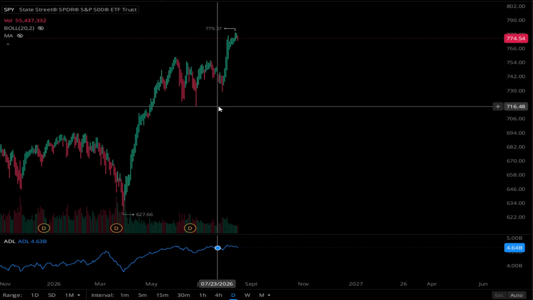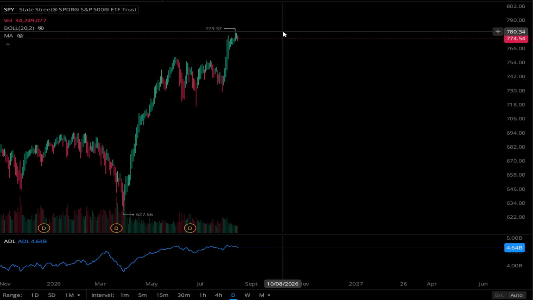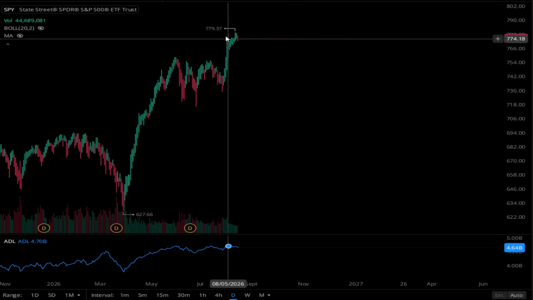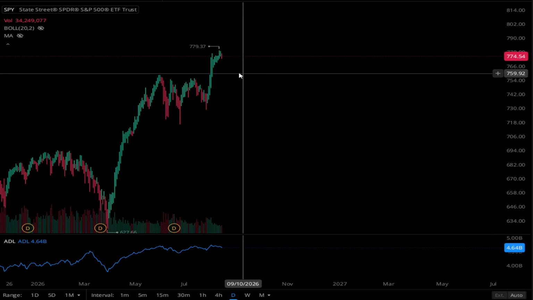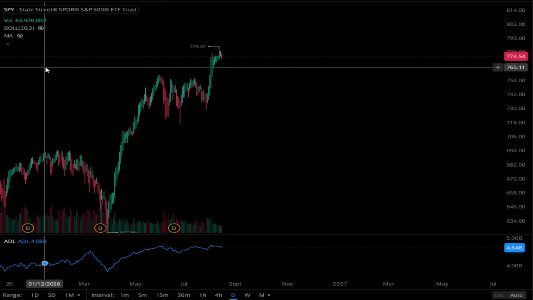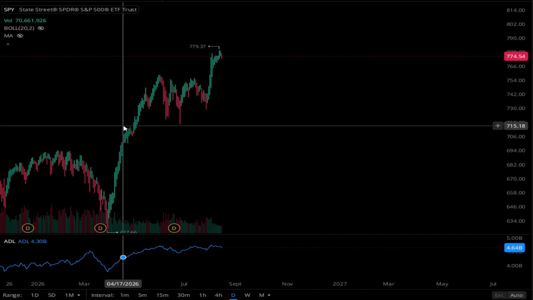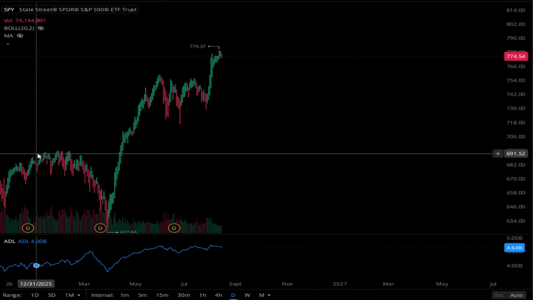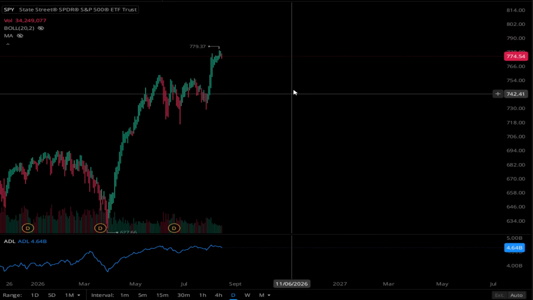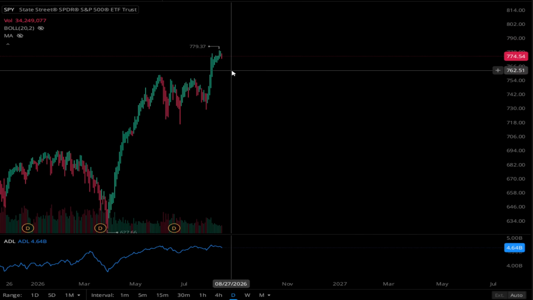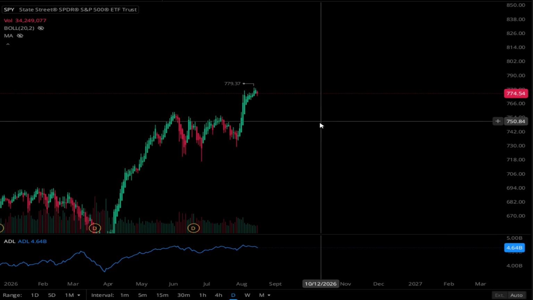If the SPY was only at 700 compared to almost 800, that's almost $90 a share extra that they're getting in terms of the entire market throughout selling all their different equities. So it matters quite a bit. I do think it's coming, and it's something we all need to be very aware of.